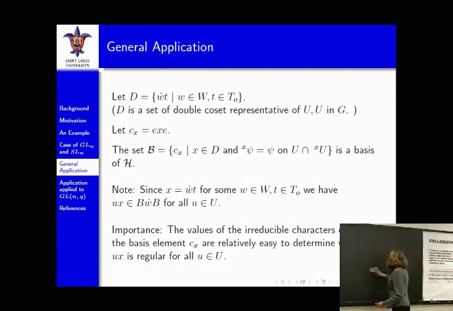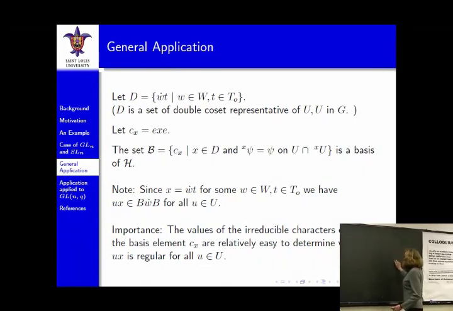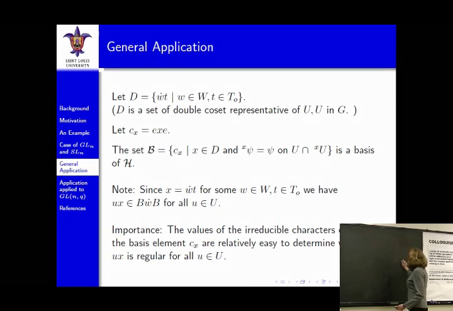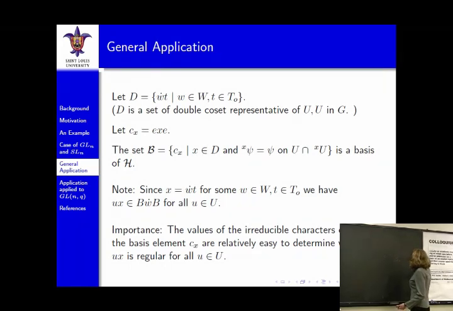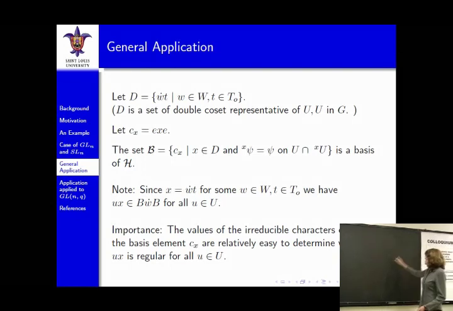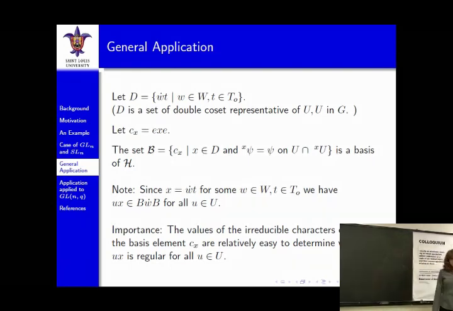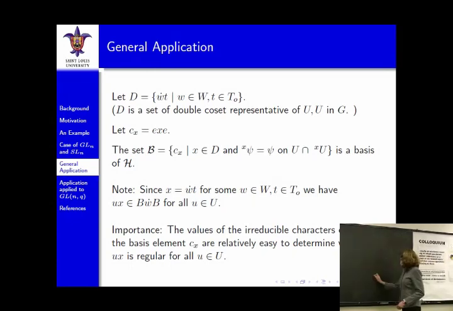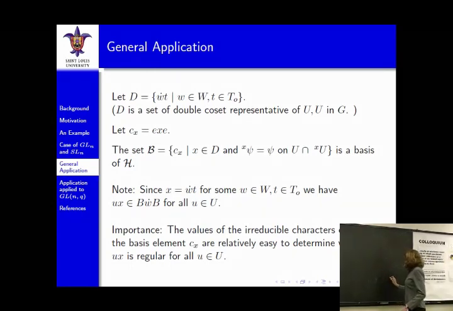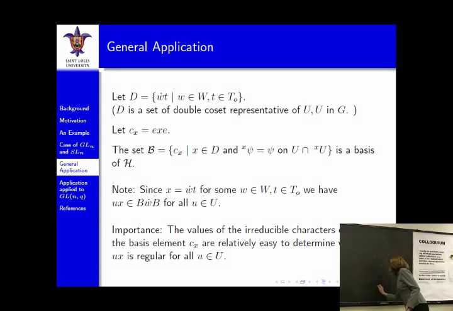We had G is the union of B w B, that was the Bruhat decomposition, but B is UT, which is TU. So this is TwTU. But w is in the normalizer of T in G, so I only need one of those two T's.